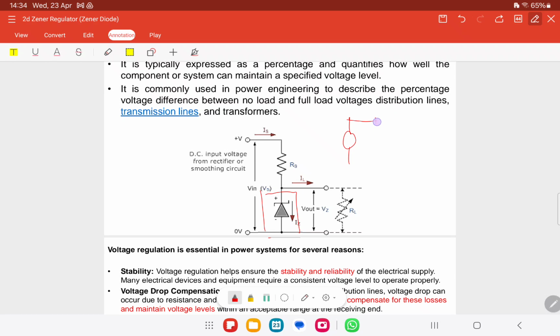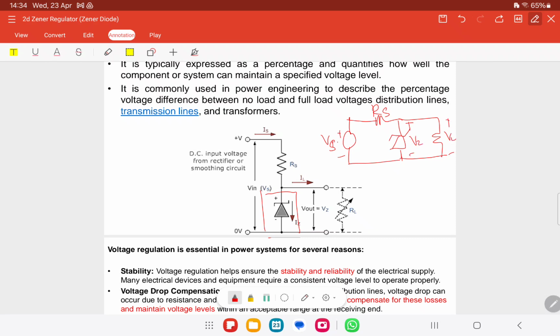We have the RS, this is the Zener diode, and then we have one load resistor. So this is the same circuit. This is Vin or VS, the supply voltage. This is the RS, this is VZ, and this is VL.